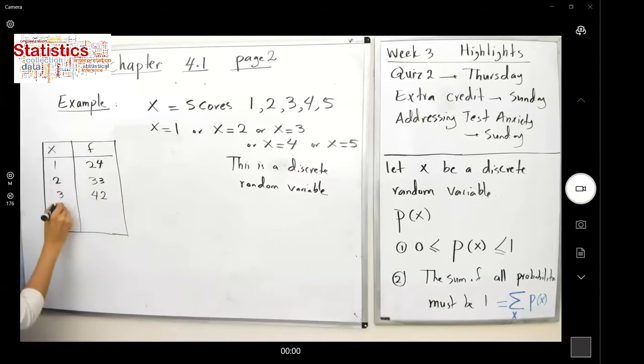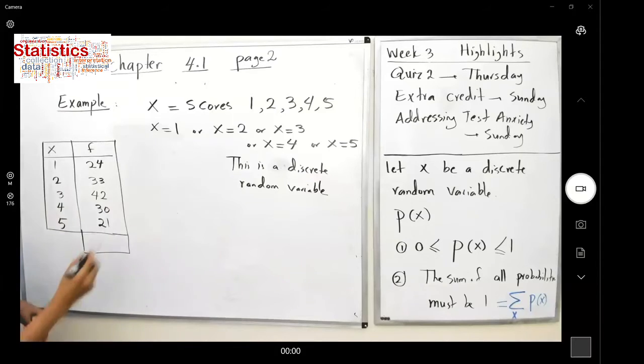Score 4, you have 30 of them, and score 5, you have 21 people. How many people in total? What's the sum of the frequencies? It is equal to 150. Okay, now answer this.